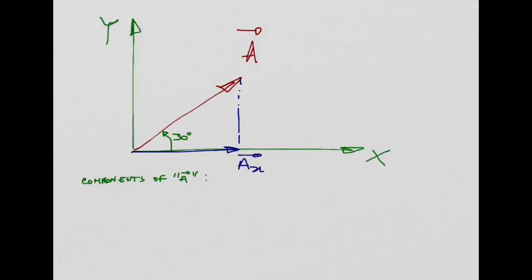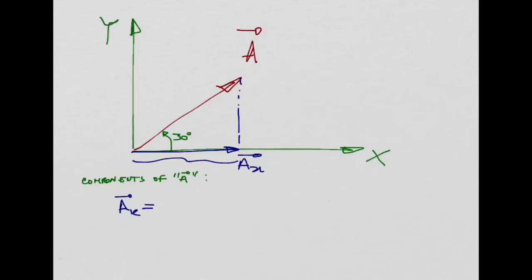And then I can say that AX, you tell me, how much is the norm or the intensity, or if you want, how much is the length of this vector? Yes? AX cosine 30.